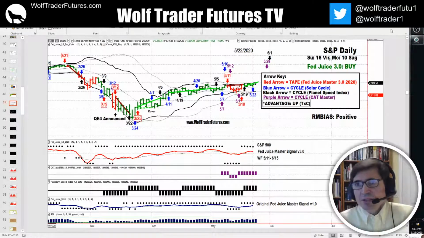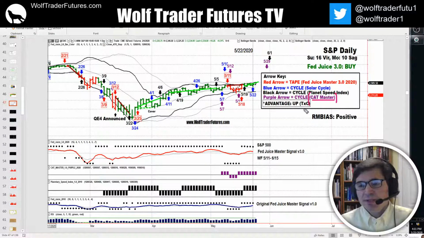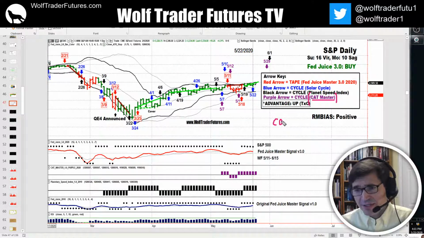Now, all right. So you'll see here on this chart, there are also these purple arrows. This is called the CAT master signal, which I'm going to get into here. This is a new, and I will call it very important, development in what we've been doing. This stands for cycles and transits.